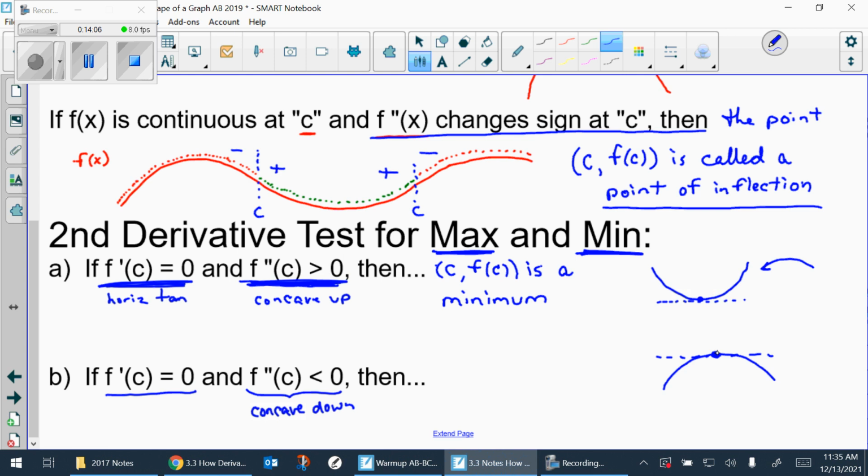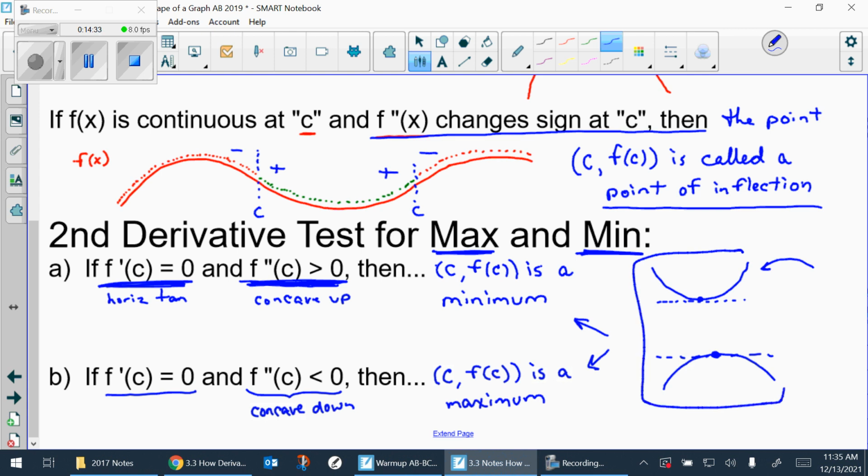Well, by this thing called the second derivative test, then the point C, f of C, is a maximum. And I really think that memorizing these two situations is kind of difficult. So I always rely on drawing a picture, and then it becomes very obvious whether I'm talking about a maximum or a minimum.